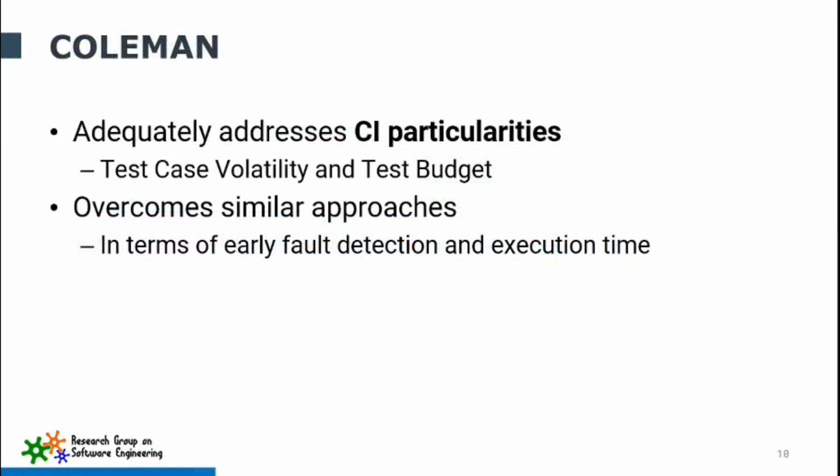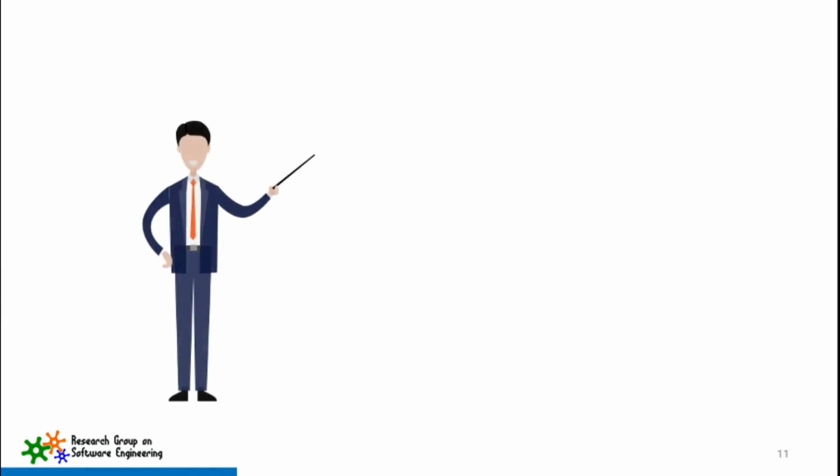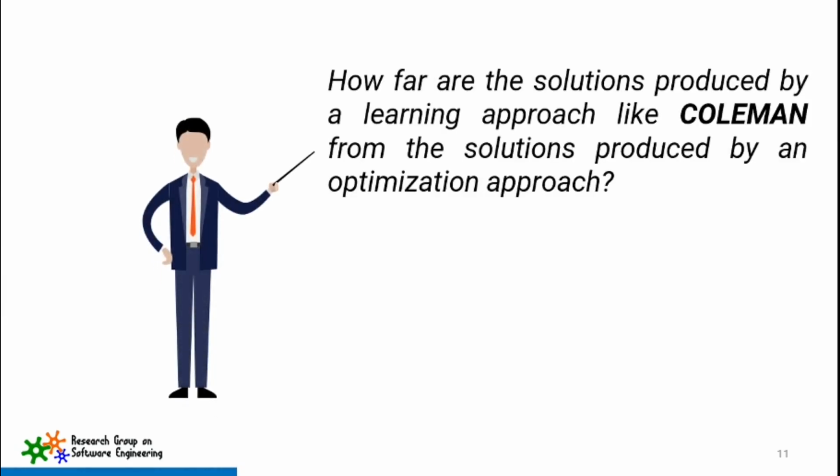COLEMAN adequately addresses CI particularities such as test case volatility and test budget, and it can be considered the state-of-the-art approach for test case prioritization in continuous integration environments. Reported results show that COLEMAN overcomes similar approaches in terms of early fault detection and execution time. Despite these promising results and advances, there is no study comparing COLEMAN with near-optimal solutions such as the ones generated by a search-based approach.